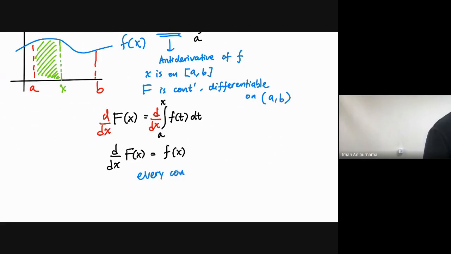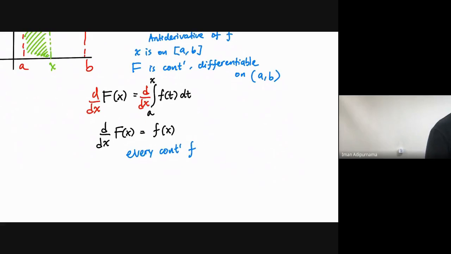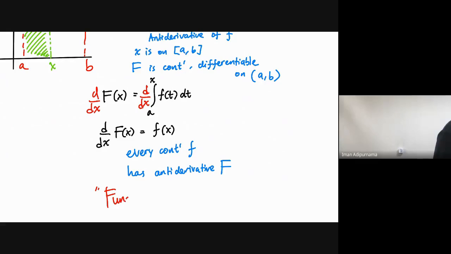Every continuous small function f has an antiderivative, the big F. This is called the fundamental theorem of calculus.